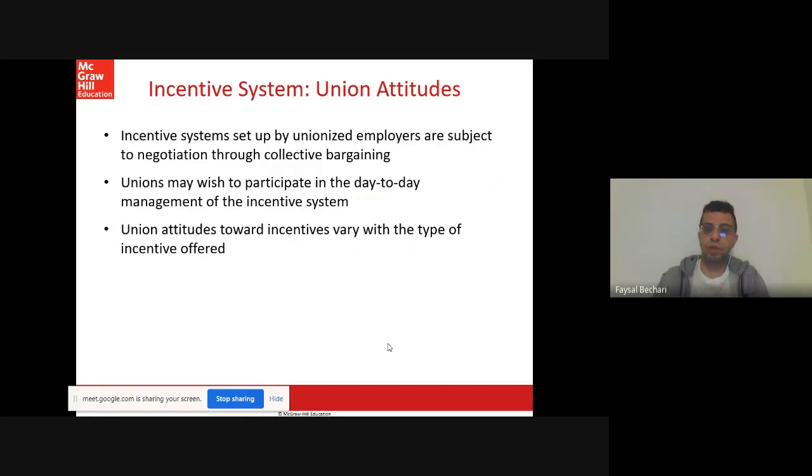Union may wish to participate in the day-to-day management of the incentive system. Also, union attitude toward the incentive varies with the type of incentive offered. So it is all on a negotiation basis between the employer and the union.